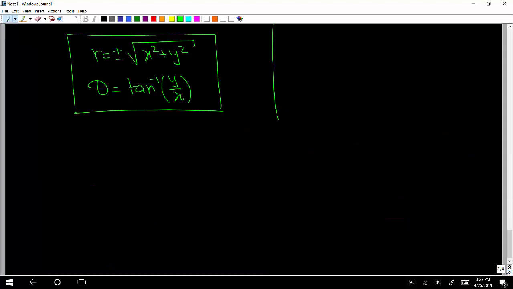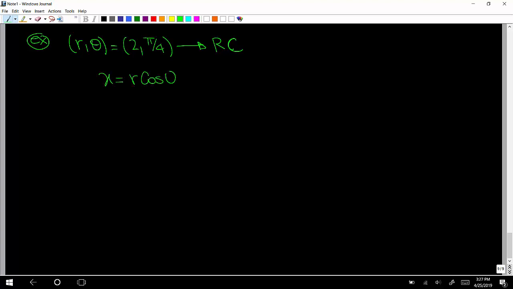So let's take a look at some examples and see how to do them. Let's start with something easy. So let's say you're given r, theta, which is 2 and pi over 4, and we want to change this point to rectangular coordinates. So we're given something in polar coordinates, we want to change it to rectangular coordinates. If you remember, the formula is what? X is r cosine theta.